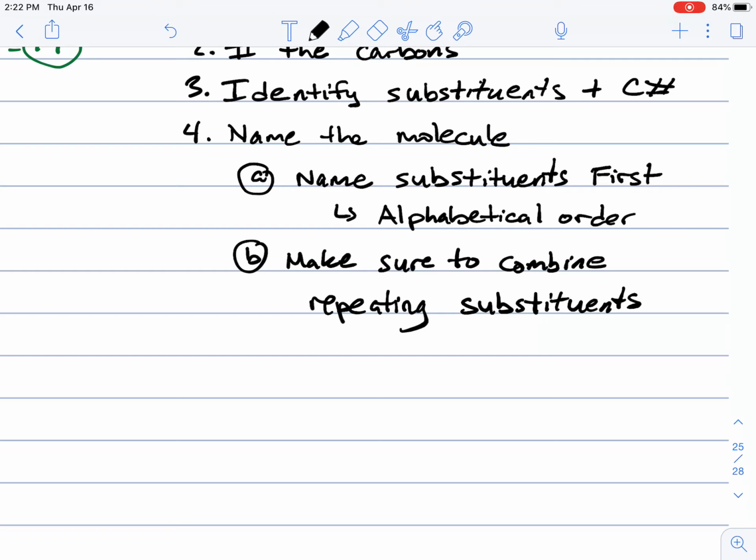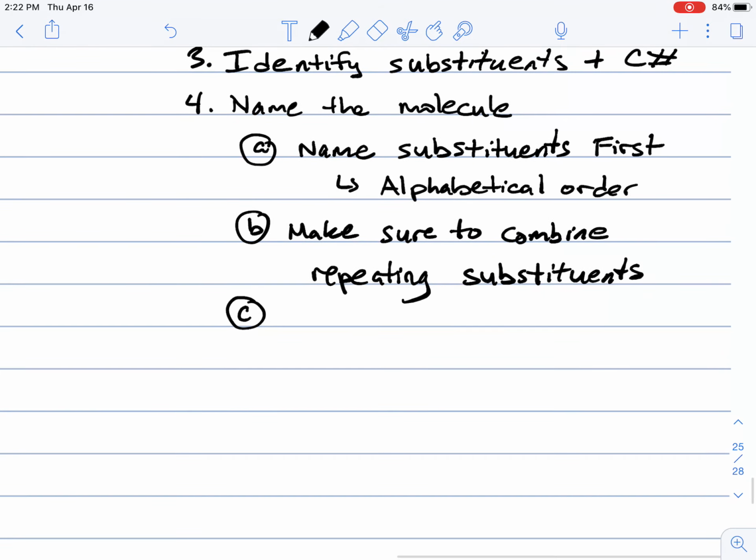Okay. And I'll go over the details. These are just some key points for you to remember. And then last but not least, you're going to name your parent chain last.